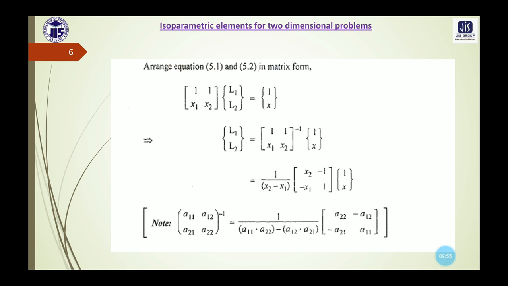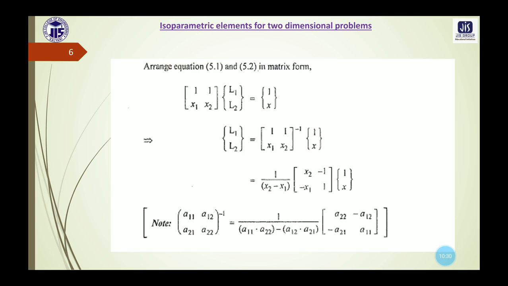Now if we arrange these two equations 5.1 and 5.2 in matrix form, we can write a 2 by 2 matrix of 1 1 x1 x2 multiplied by a column matrix L1 L2, equals a column matrix of 1 x. So the column matrix of L1 L2 equals the inverse of the 2 by 2 matrix multiplied by the column matrix of 1 x.